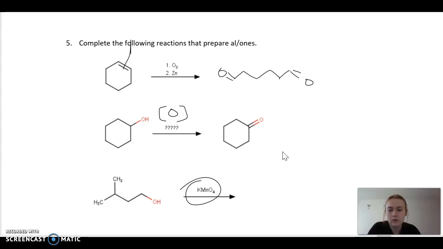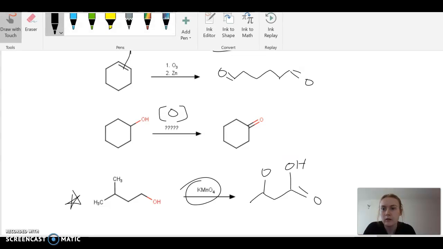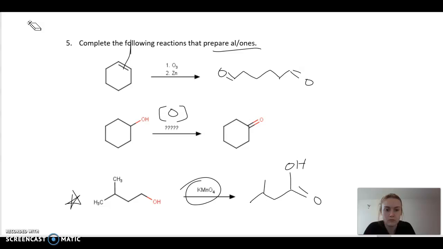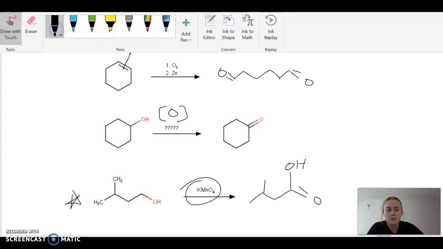So this one, I was kind of lying when I said preparing ketones, because that makes a carboxylic acid. Oops, that is not an oxygen. Okay, there we go.